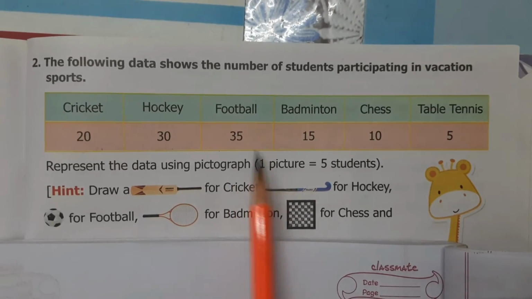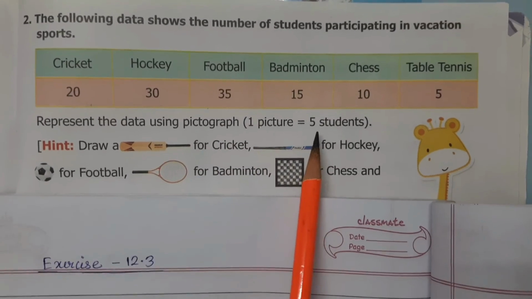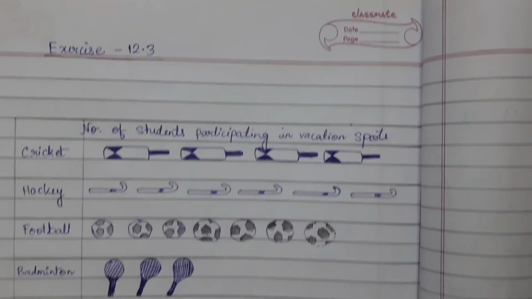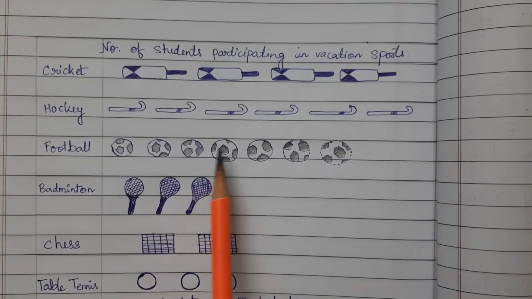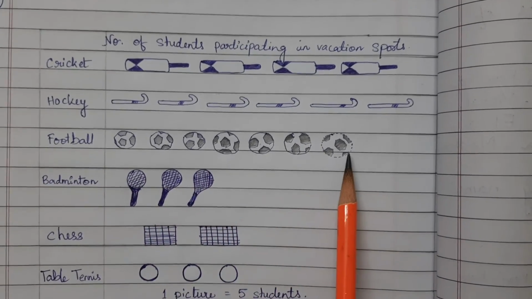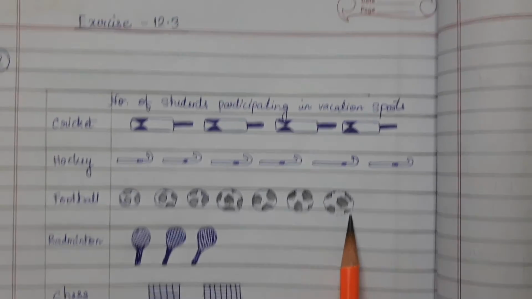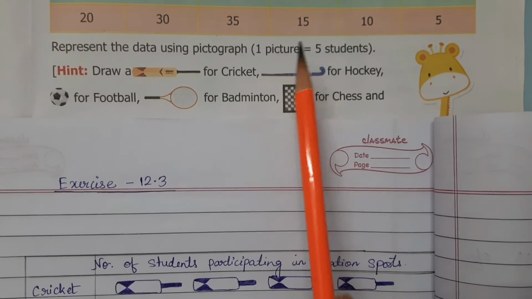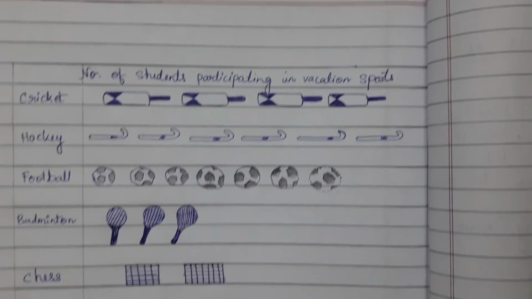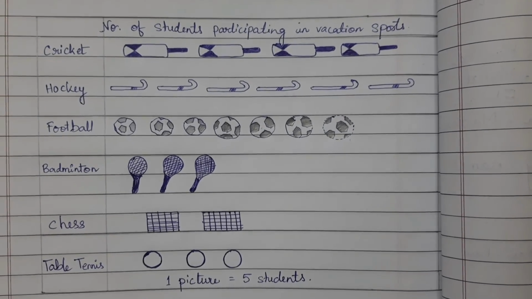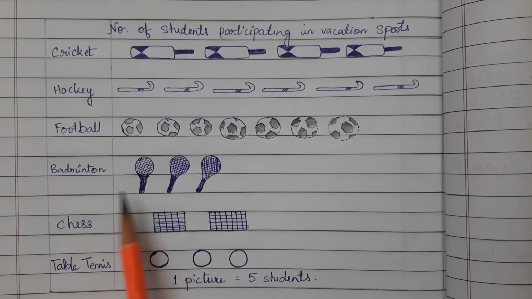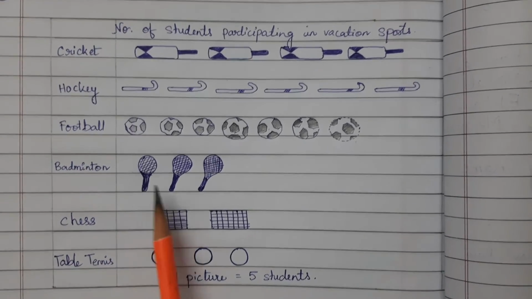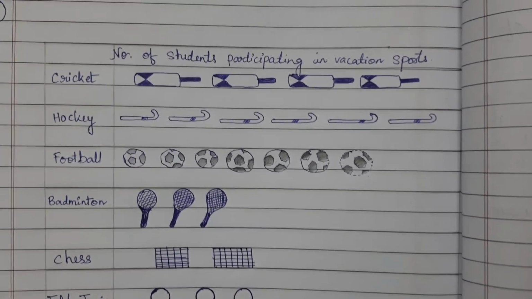So again 35 divided by 5 is 7. So for football, 1, 2, 3, 4, 5, 6, 7 footballs are there. For badminton there are 15 students. So 15 divided by 5 is 3. For badminton you have to draw 1, 2, 3 badminton rackets.